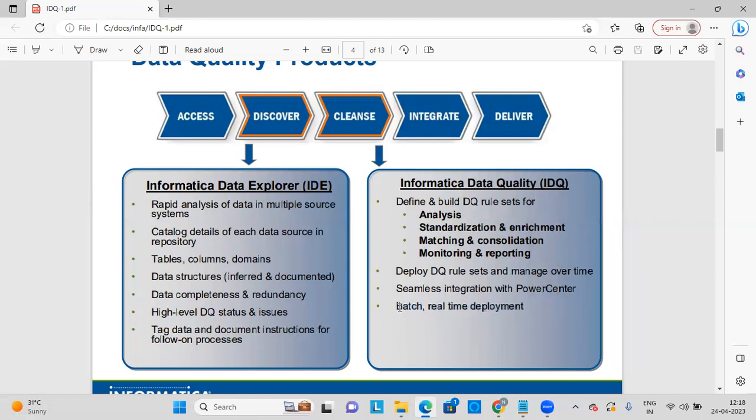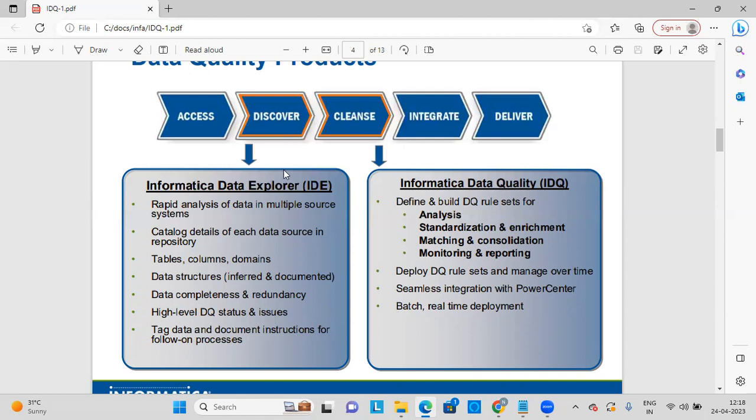If, let us say, as and when we need, we just expect something from quality, then we go with batch deployment. So depending upon what the downstream application or downstream tool expects, we need to take a decision to go with the proportionate deployment strategy. Batch means whenever they're needed. Real time is as and when the data comes in. So based on this, we need to take a call.